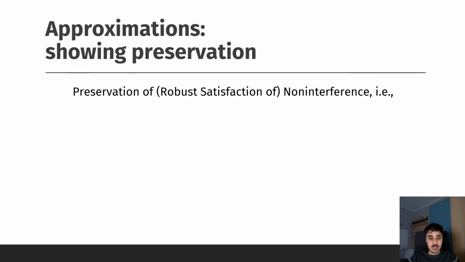So, assume, for instance, that you want to show the preservation of robust non-interference, which we denote here as NI. By the corollary above, this means that if the compiler is fully abstract, it suffices to show that tau tilde of NI is included in NI.